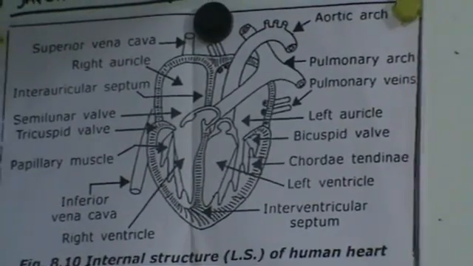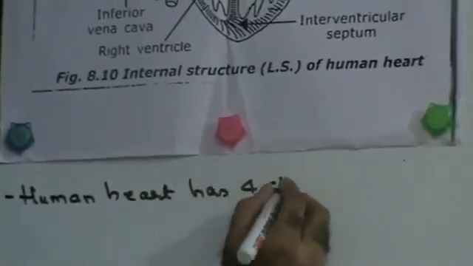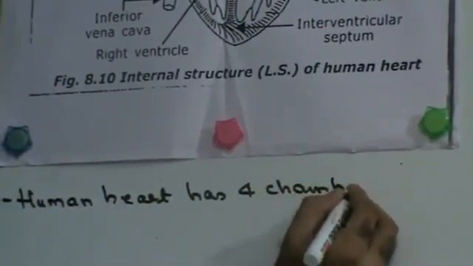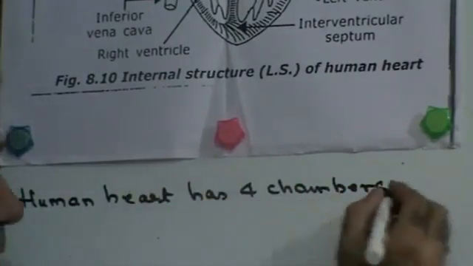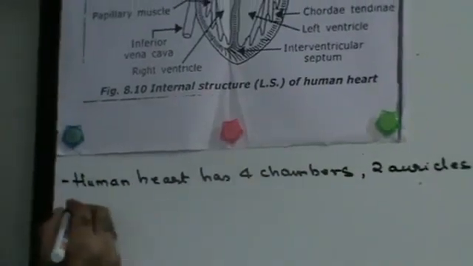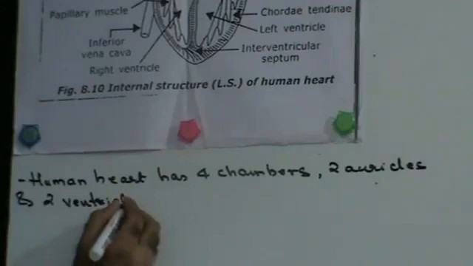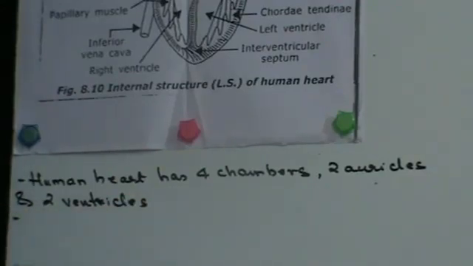Human heart has 4 chambers, 2 auricles and 2 ventricles. Right? Now, auricles.